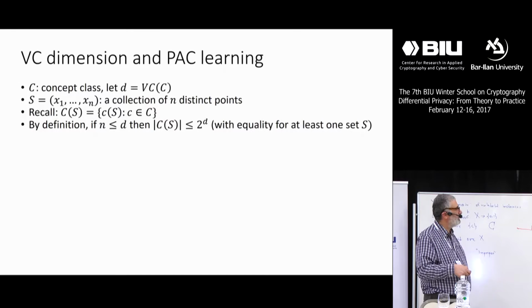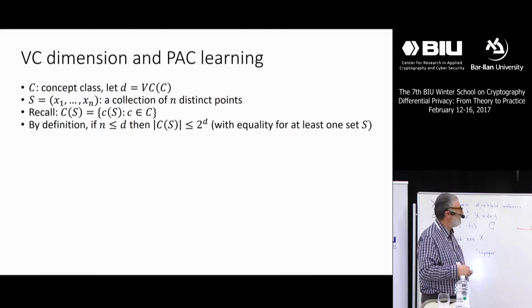If n is less than D, then we get all possible dichotomies, okay? So it's always less than or equal to 2 to the d, but we know that there exists a set on which we'll actually get 2 to the d.